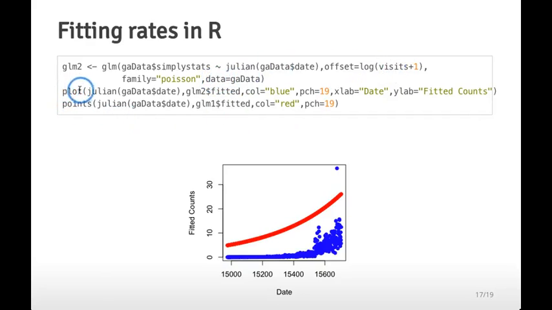So then if I plot the fitted values, I can plot 2 versions of the fitted values. First, in blue, what I can plot is the fitted values that I get for the number of counts to my website, where I'm fitting with this Poisson regression model where I'm taking into account the denominator every time. So in this case, what I'm actually looking at is the total number of hits that come from Simply Statistics.